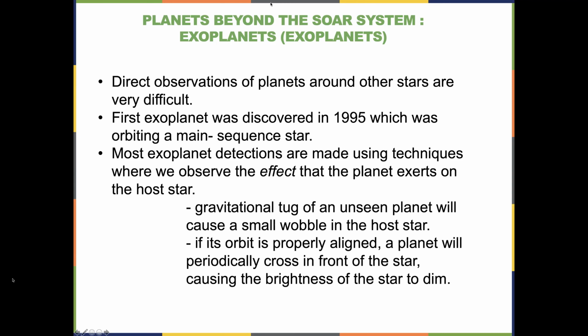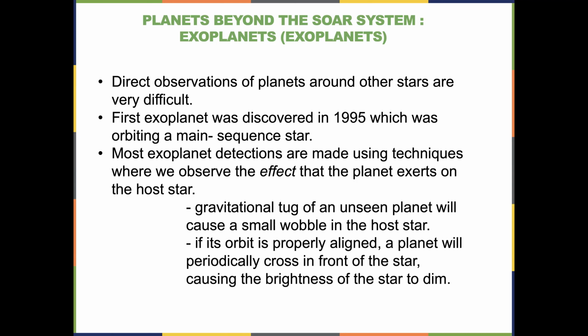So what that means is the gravitational tug of an unseen planet will cause a small wobble in the host star. If its orbit is properly aligned, the planet will periodically cross in front of the star, causing the brightness of the star to dim. This is pretty much similar to the eclipsing binaries that we talked about last day.